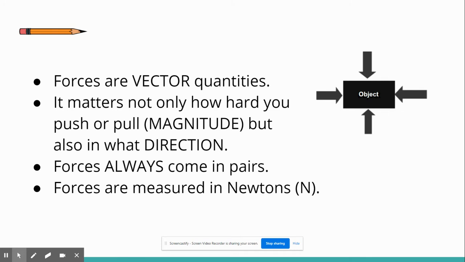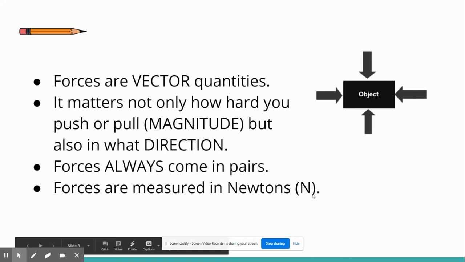But forces always come in pairs, and we measure forces in something called a Newton. Now, really, what we're measuring with those Newtons is the energy that results from that force. But for us in eighth grade, we're just going to say we measure force in newtons, named after Isaac Newton, and we put a capital N.